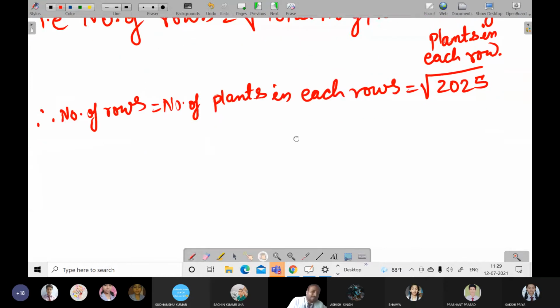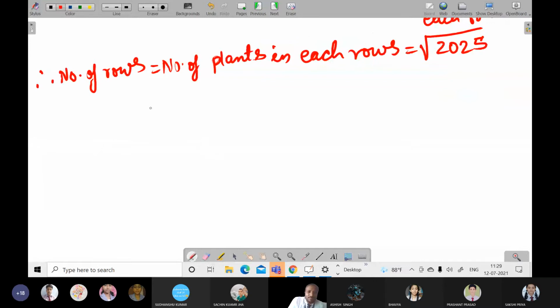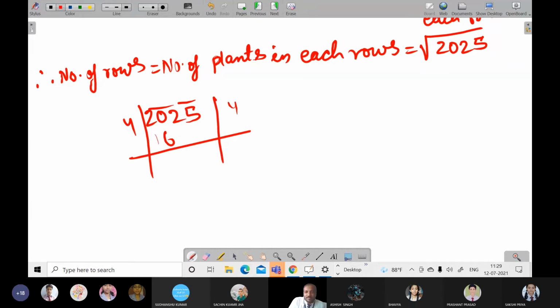By any method you can find the square root of 2025. If you use the long division method, that can also be used. So here of course 4 square is 16. So I think 45 will become the answer.